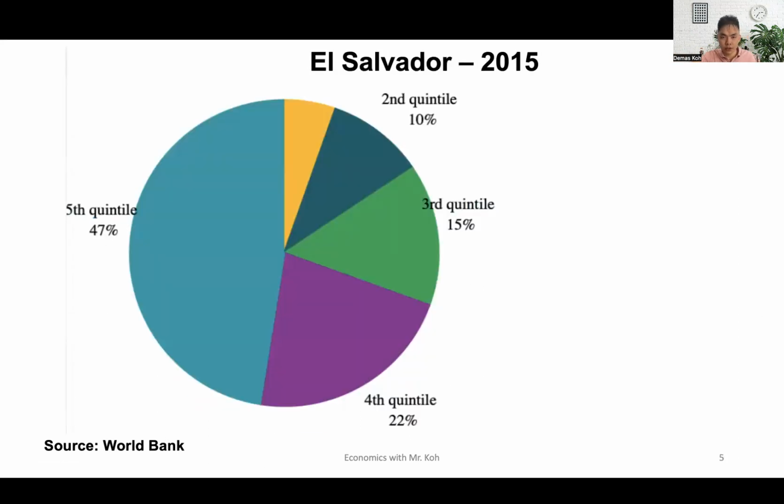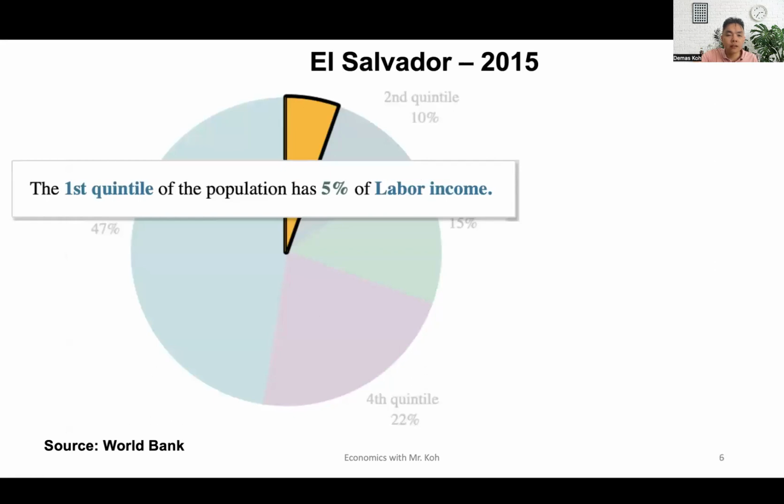And another country, El Salvador, in 2015 as well, so same year for both countries. And again, in this case, also look first at the lowest 20%, the first quintile of the population that has 5% of El Salvador's total labor income, which is, in terms of percentage-wise, 2 percentage points higher than Brazil's first quintile, because that was 3% for Brazil, wasn't it?